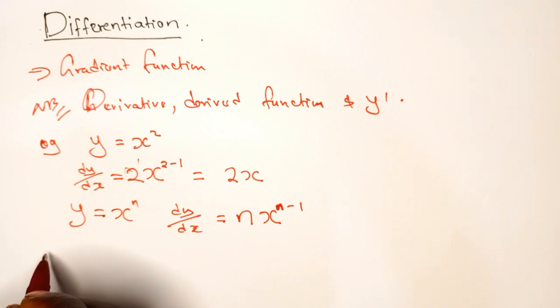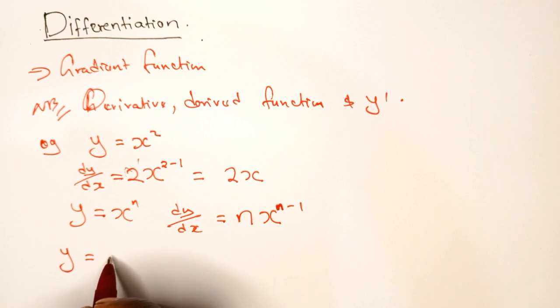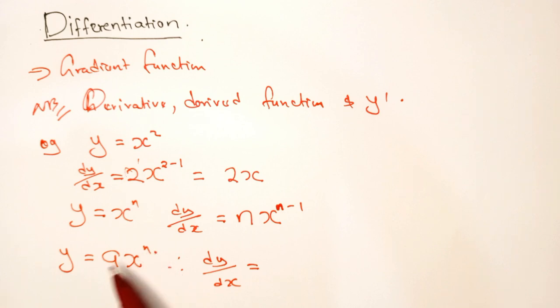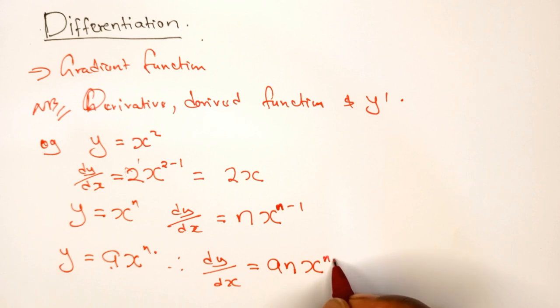When the function is in this form, y is equals to a x raised to n, then our dy dx will be, you take this power, you multiply by whatever is in front of x, so you are going to have an x, then we minus 1 from this power, so we're going to have n minus 1.